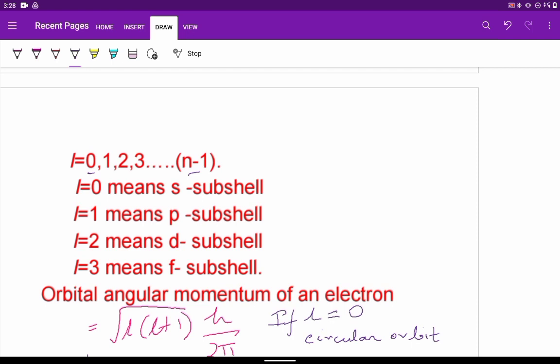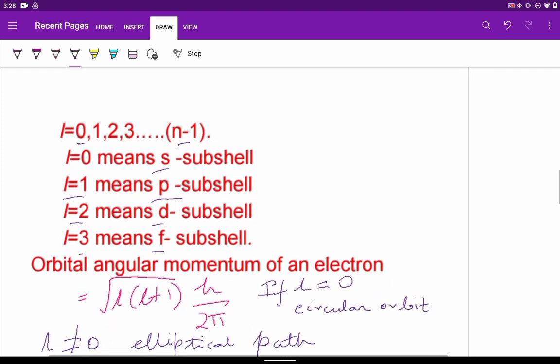When n equals 4, l will be 0, 1, 2, 3. When l is 0, it is the s subshell. When l is 1, it is the p subshell. When l is 2, it is the d subshell. When l is 3, it is the f subshell.